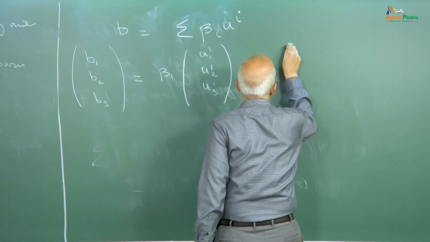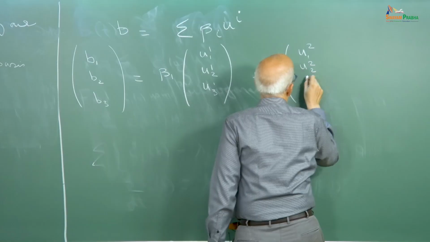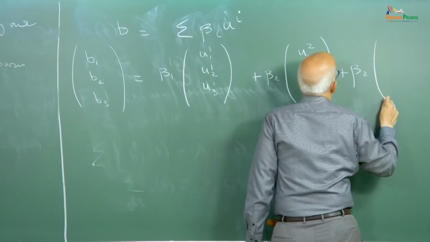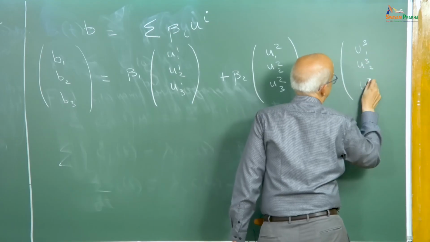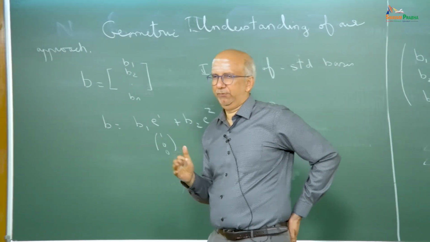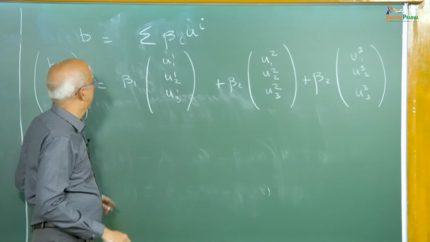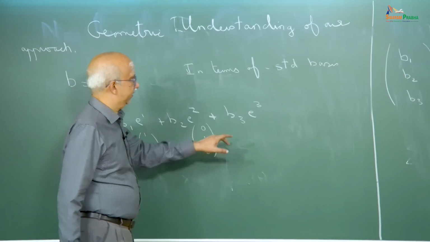Plus beta 2 times U1 superscript 2, U2 superscript 2, U3 superscript 2, etc. I am just showing it for the 3 by 3 case to keep things simple, but you can easily see how it goes to the n dimensional case. So, same vector B1, B2, B3, I can write it like this, I can write it like that.